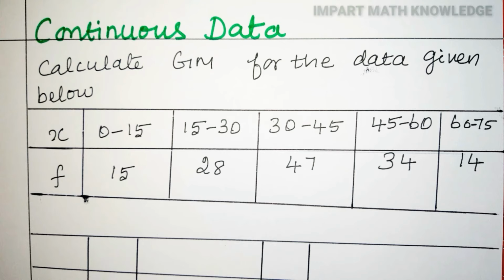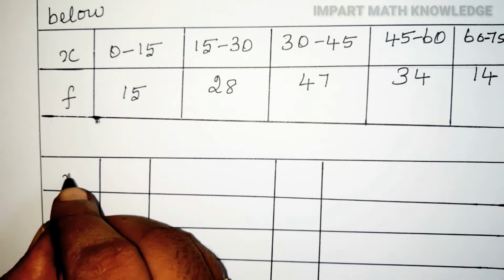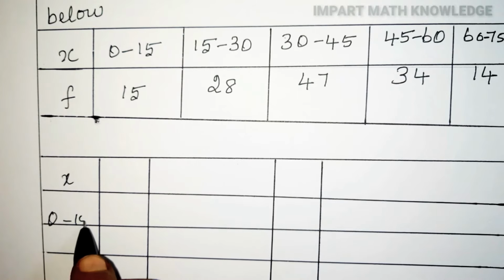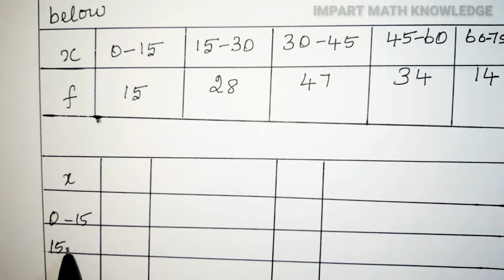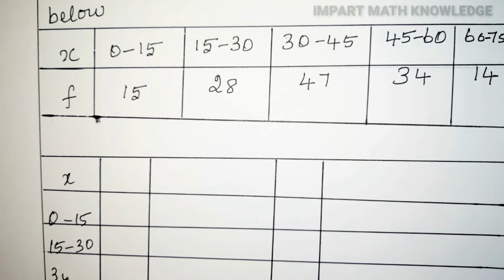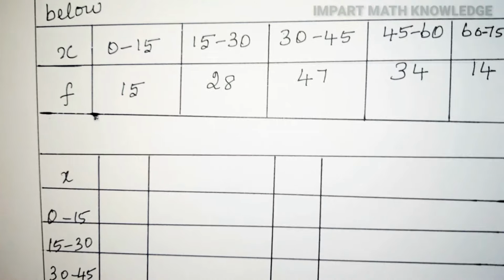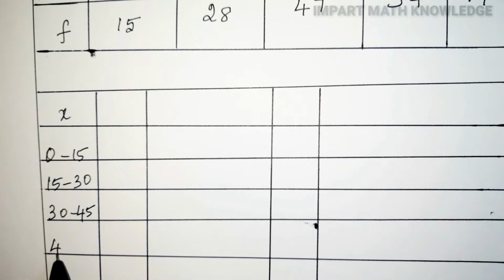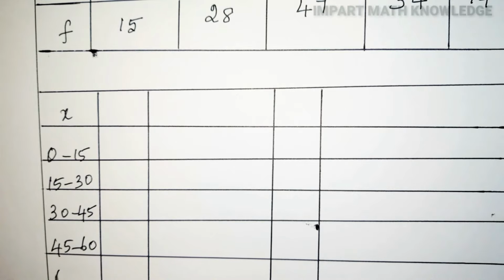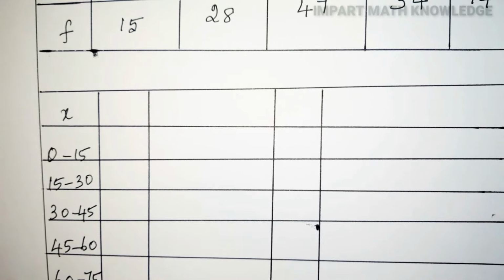Next one, continuous data. For continuous data, geometric mean is antilog of sigma f log m divided by sigma f. For that, first you have to find the middle value of x. Here x values are 0 to 15, 15 to 30, 30 to 45, 45 to 60, 60 to 75.